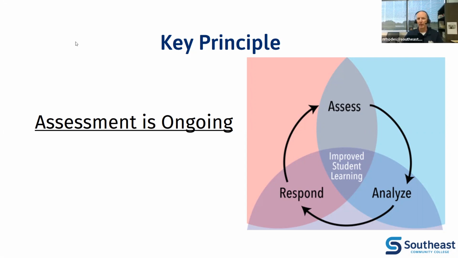Don't be surprised by that, because really what you're after is you want to pick something we've always struggled with, or we wonder why aren't they getting this, or why can't they do this skill. So it's okay in a sense to have those low scores at the beginning of your cycle, because then you can find ways to implement changes to improve the student learning. What do you do about it? So you assess, you collect that data, you analyze it, and then you respond.